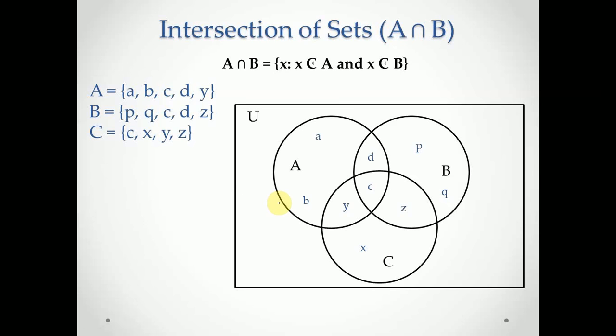Okay, so now let me make you understand what exactly the intersection is. As per the definition, if there are two sets A and B given here, the definition says that the element should be common in both.